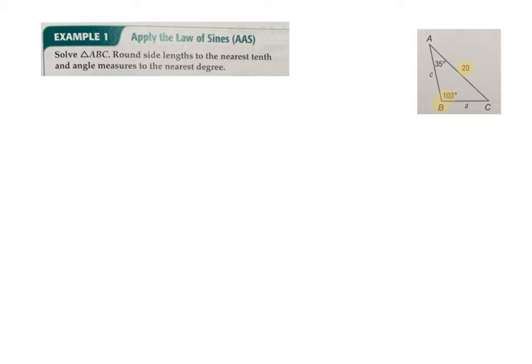So we start with that: sine of B, 103, over side B, 20, should equal sine of 35 over A, which I do not know.